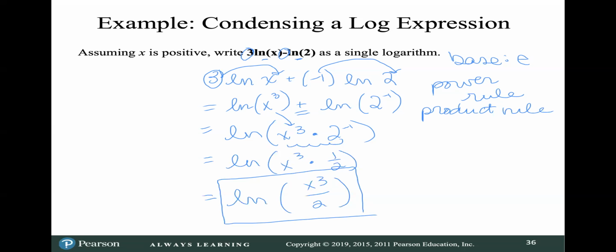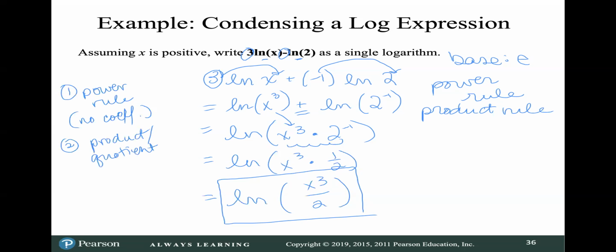Okay, so our first step was the power rule. No coefficients. Our second step was the product and quotient rule, and that is combine to a single log.